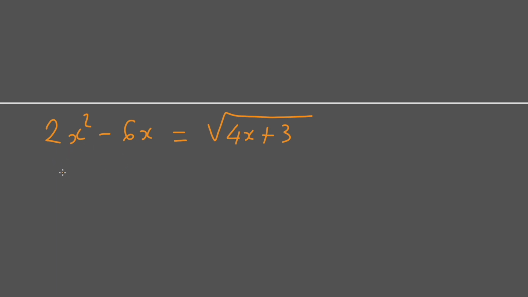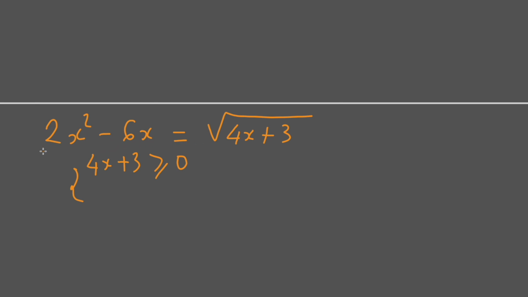In this case, we have two conditions. The first is the condition inside the radical. This is the square root, so the expression inside has to be greater than or equal to 0.